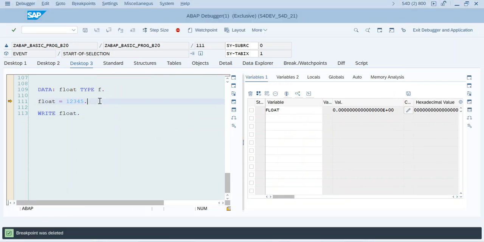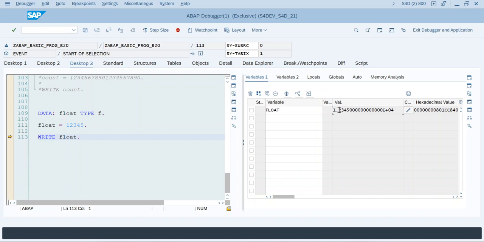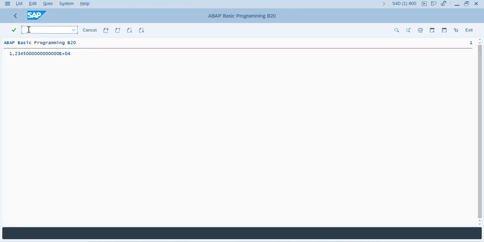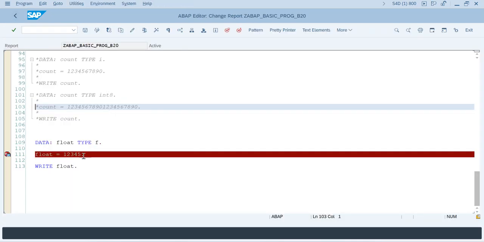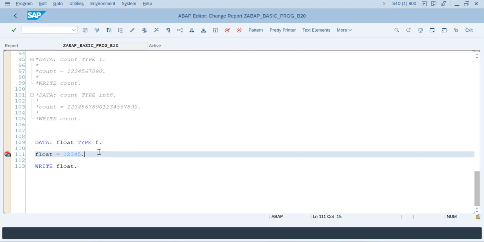Let me execute and show you. I press this button. Now you see 1 2 3 4 5 and 0 4, indicating that these 4 numbers belong to the unit place. Now let's say for example you also have the decimal place, and another 4 numbers. What happens now? Any of you?